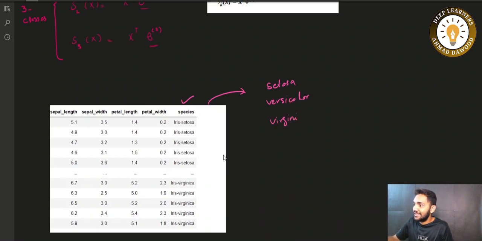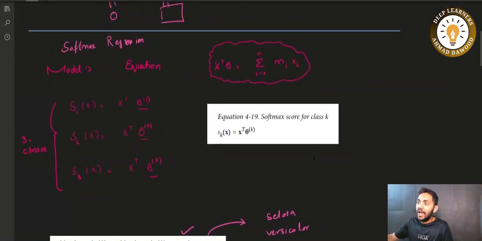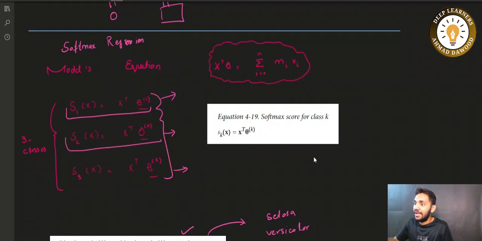Against three classes, the softmax model will have three equations to get three scores, one for each class. Let's say this equation will give the score for the Setosa class, this will give it for the Versicolor class, and this will give a score for the Virginica class.